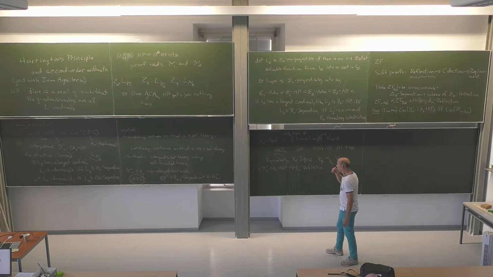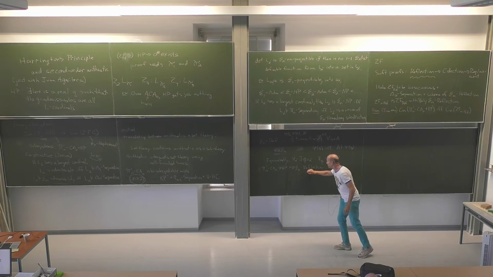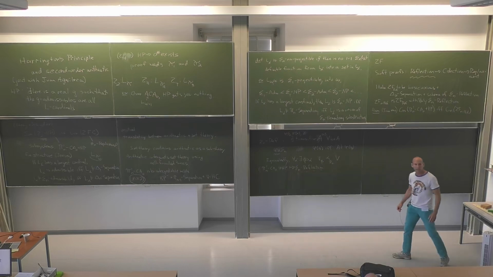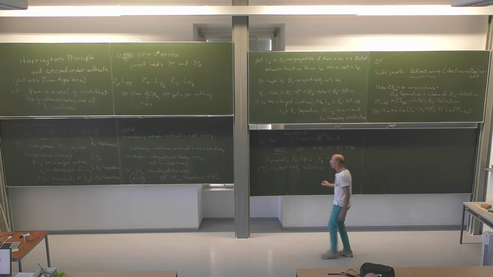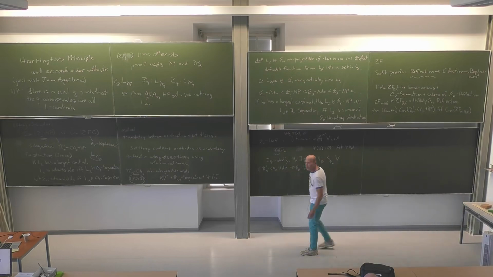So why do you get power set? Because sigma, that's like the big axiom, but the other big axiom in ZF, which we still have, is power set. So where does power set come from? Well, that comes from HP.